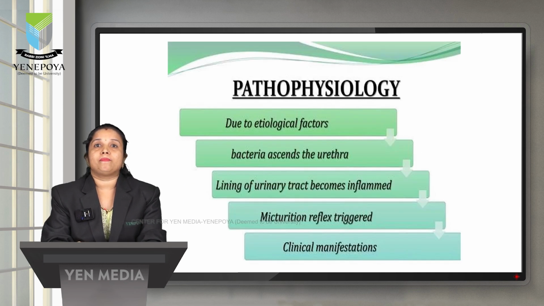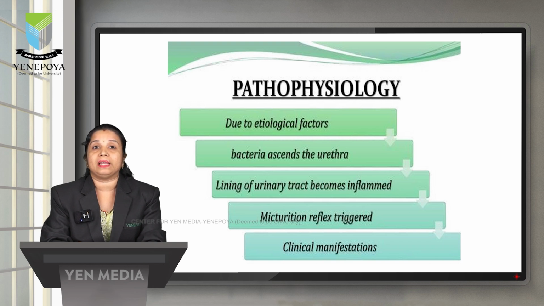Next, we will see the pathophysiological changes occurring in patients with urinary tract infection. Due to the various etiological factors, what will happen here? The bacteria ascend the urethra and reach the lining of the urinary tract.